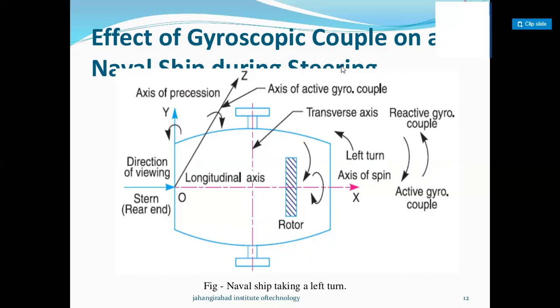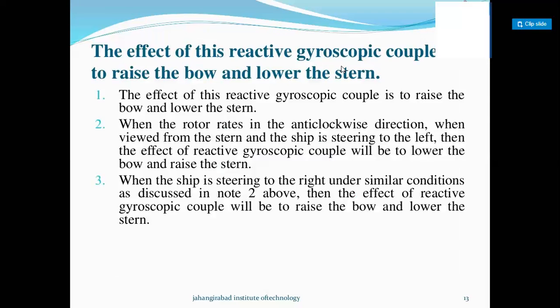Meaning when the ship takes a left turn with the rotor rotating clockwise, it is the same condition as when the ship takes a right turn with the rotor rotating anti-clockwise, right? Now we are going to see the conditions where the effect of the reactive gyroscopic couple is to raise the bow and lower the stern, right?